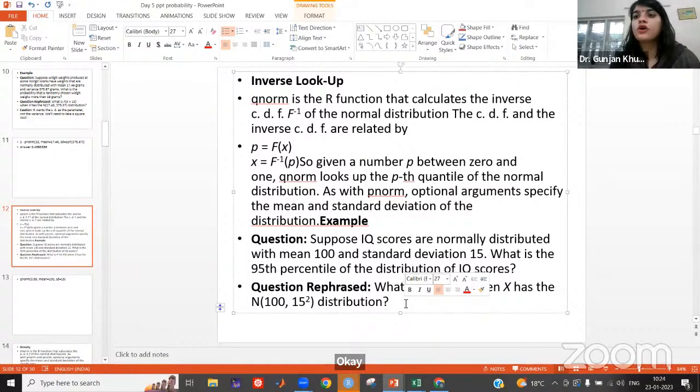If you talk of 25%, that's the first quartile. And if you talk of 75%, that is the third quartile.